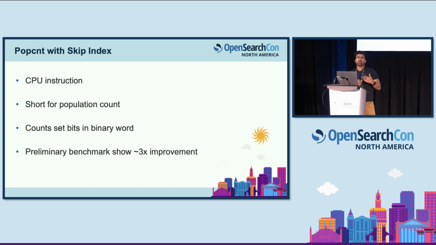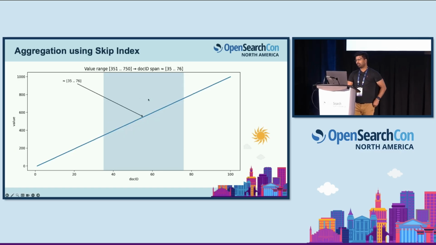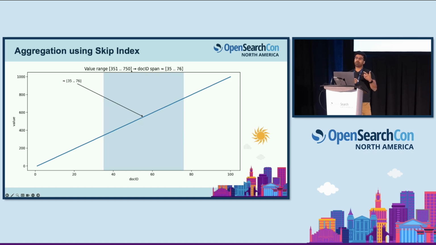The reason for that is, for example, if we again take that interval from 351 to 750, we are able to say that for documents 35 to 76, this is the value of the drop off date time. And we have the individual doc IDs from our doc ID set iterator.